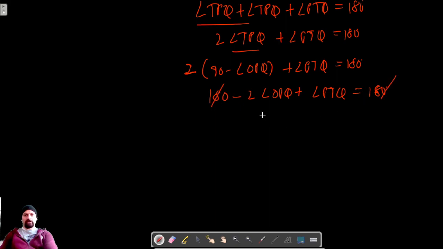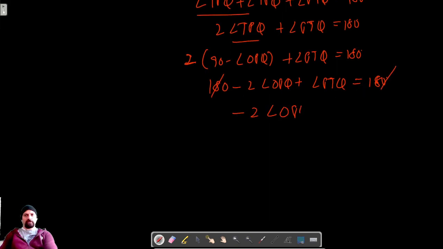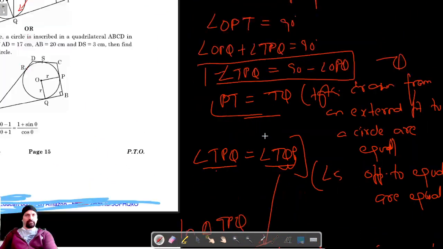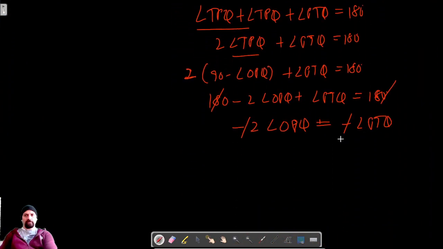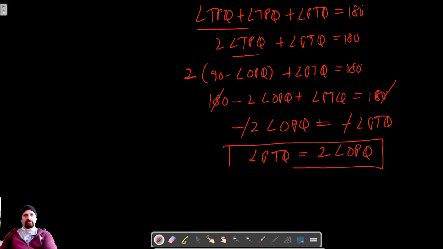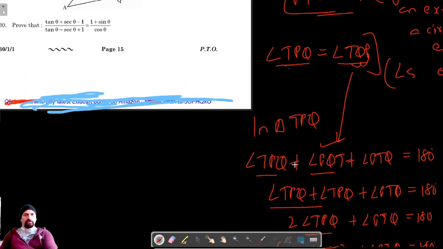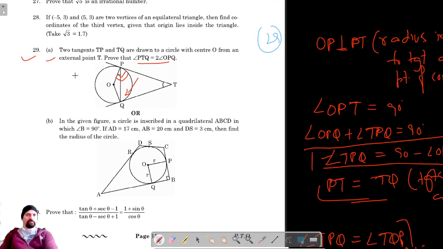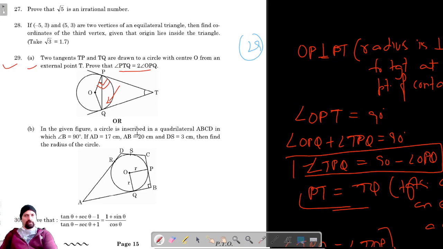So 180 and 180 get cancelled, so minus 2 times angle OPQ is equal to negative of angle PTQ. Finally, we have angle PTQ is equal to 2 times angle OPQ. And this solves our question number 29's first part. Let's move on to the second one.